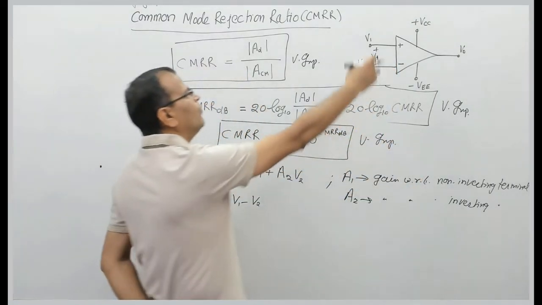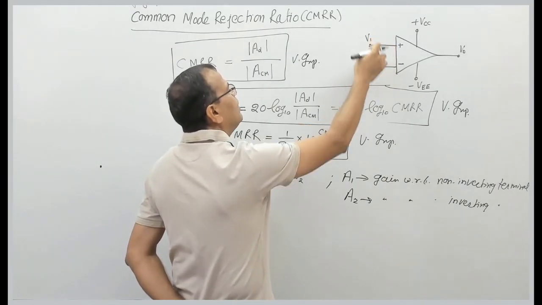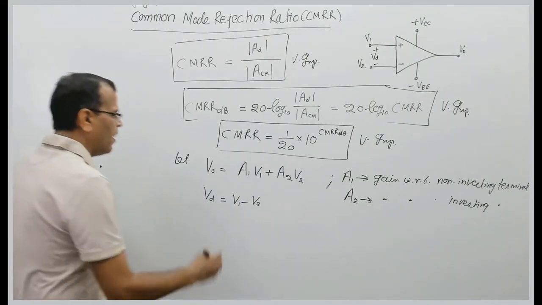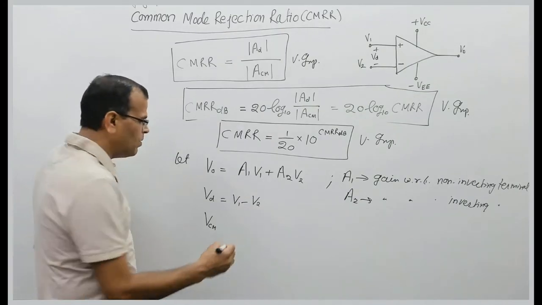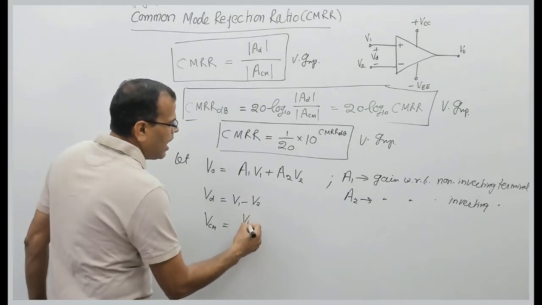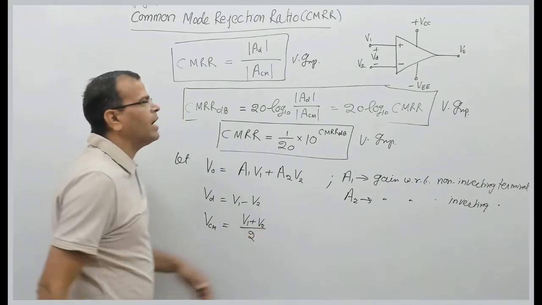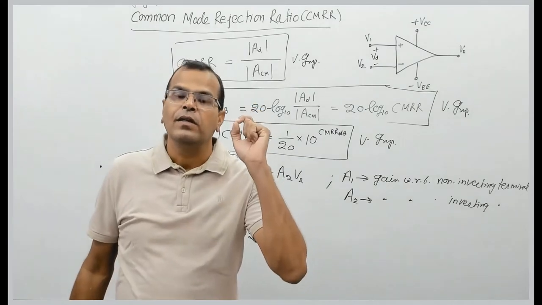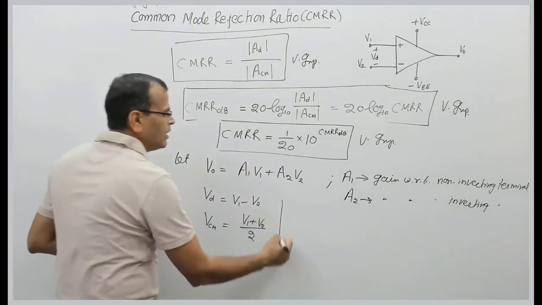Now what is the common mode input voltage? The common mode input voltage is the average of the voltage at the inverting terminal and non-inverting terminal. So that voltage is known as the common mode voltage. Please do remember this. This is important.